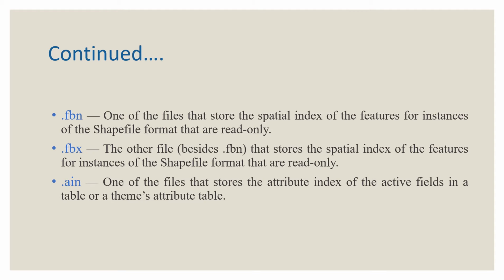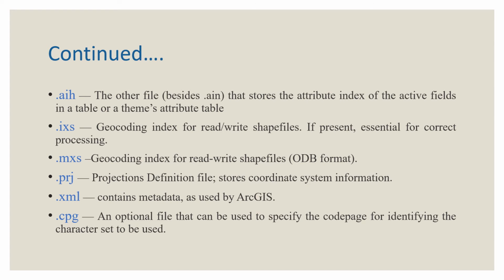Here you can see .fbn, .fbx, .ain, and in this slide you have .aih, .ixs, .mxs, .prj, .xml and .cpg. I have listed out these file extensions, you can just refer to this. You may have these extensions when you are working on any GIS data.